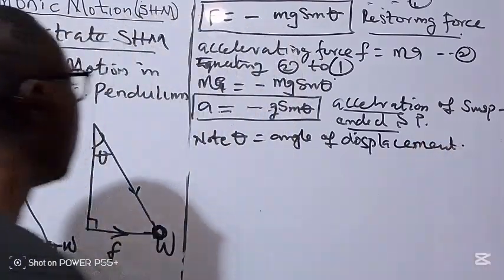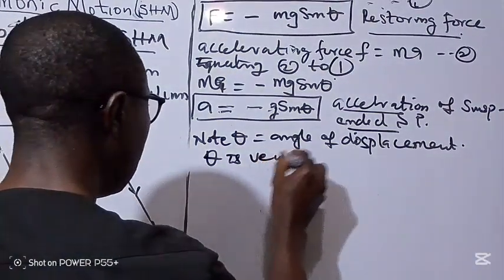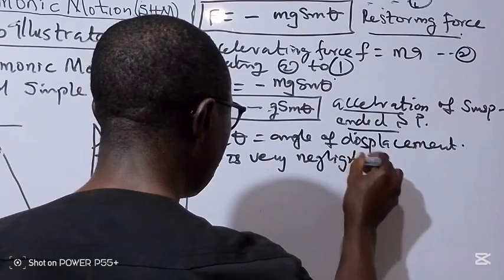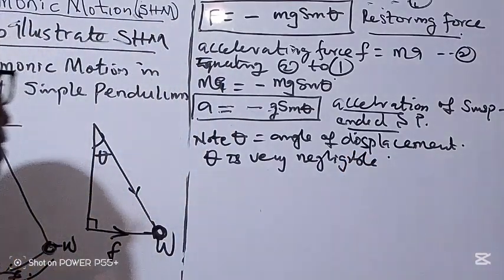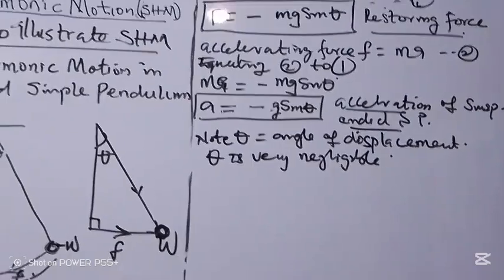And theta is very negligible. If theta is very negligible when the pendulum is being displaced, then it can be removed.